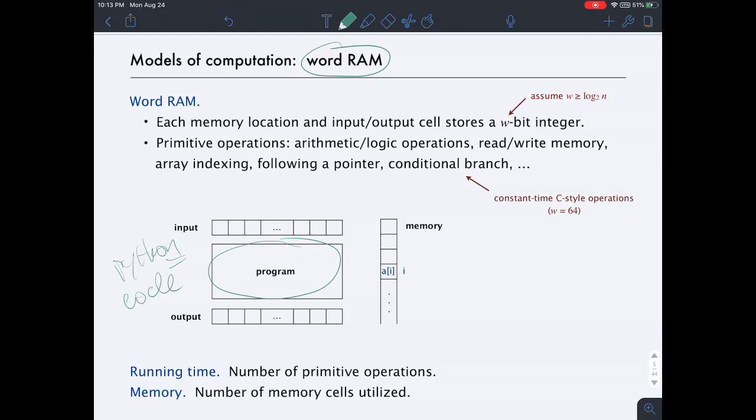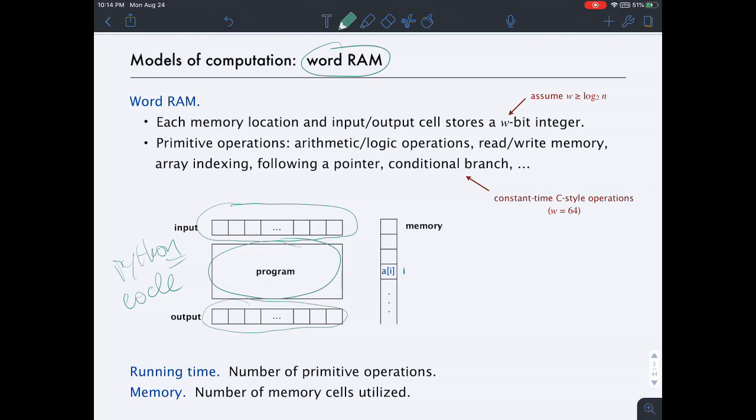And there's also an input array. The input array stores the information representing the problem you want to solve. For example, if this program's job is to sort an array, then the input here is the array to be sorted. And there is also an output array.